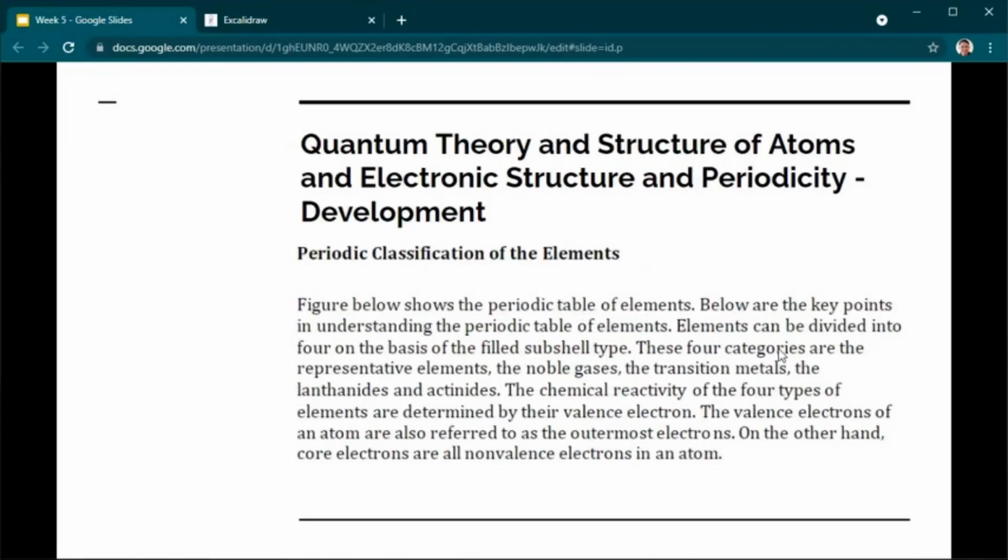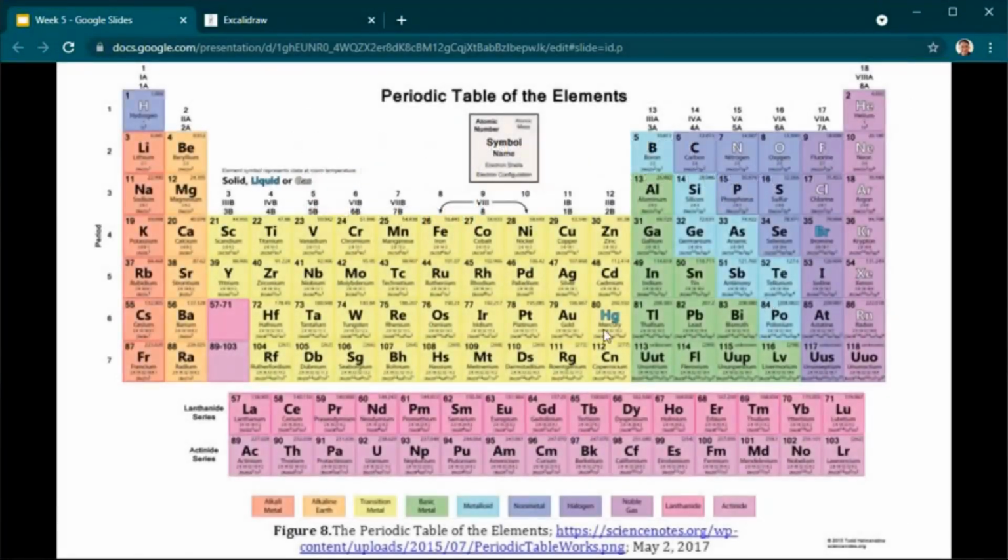Let's proceed to the periodic table of elements. We have some classifications in here according to the color. This one is the alkali metal, alkaline earth, transition metal, basic metal, metalloids, nonmetals, halogens, noble gases, lanthanides, actinides.